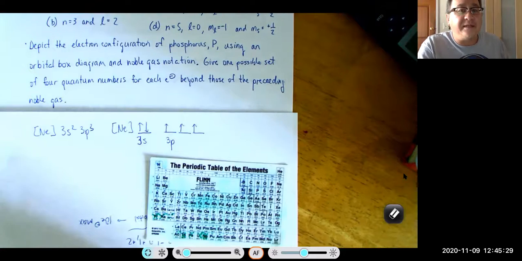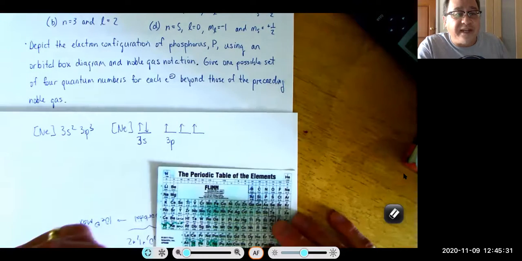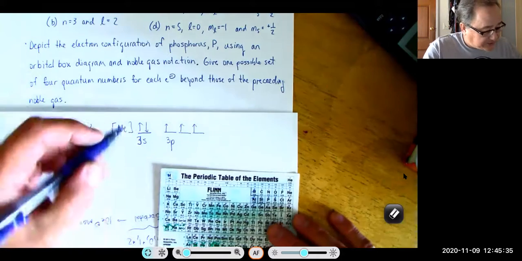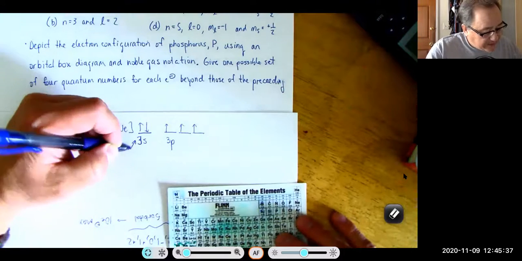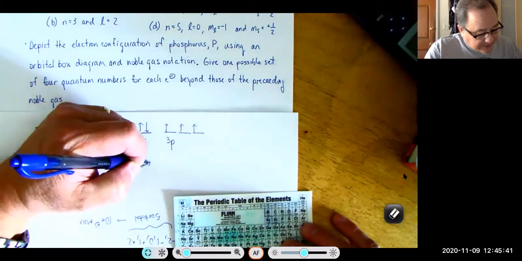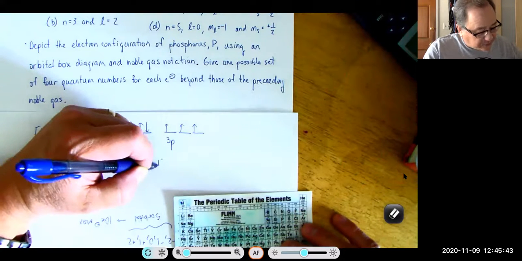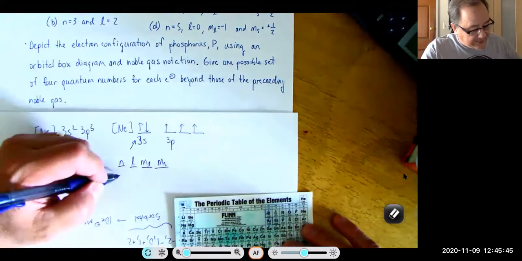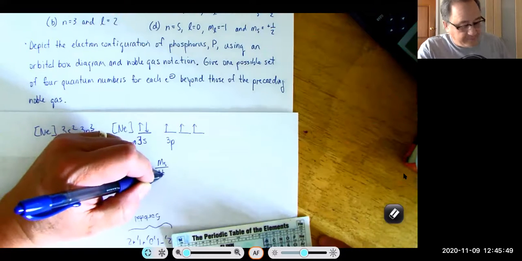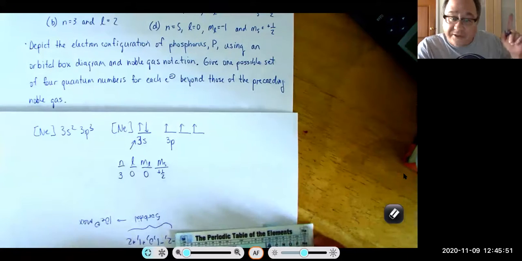Okay, there being none, give a possible set for each electron beyond those of the preceding noble gas. So here we could have N, L, M sub L, and M sub S. We're going to call that guy 3, 0, 0, plus 1/2, plus 1/2 because it's arrow up.